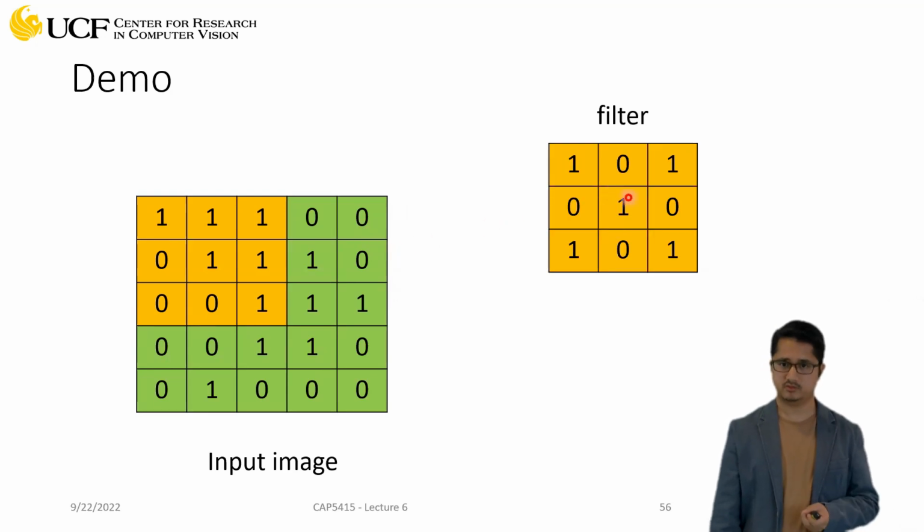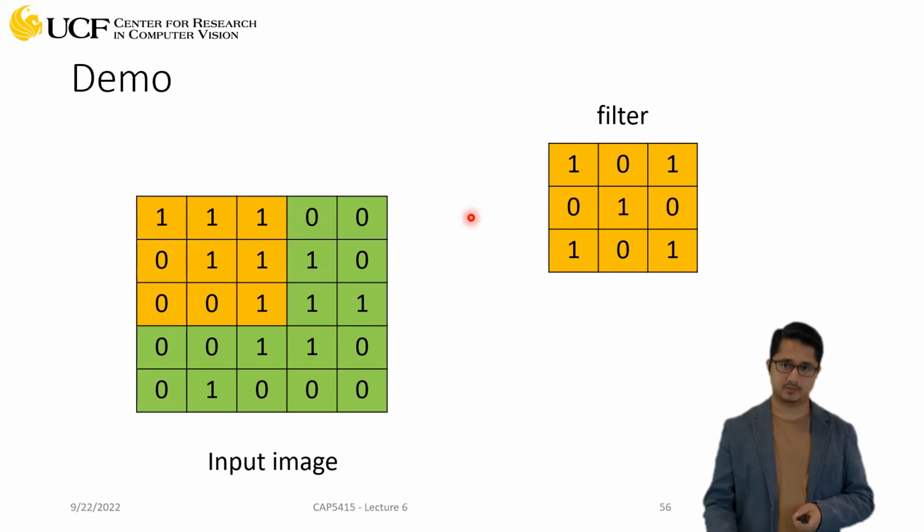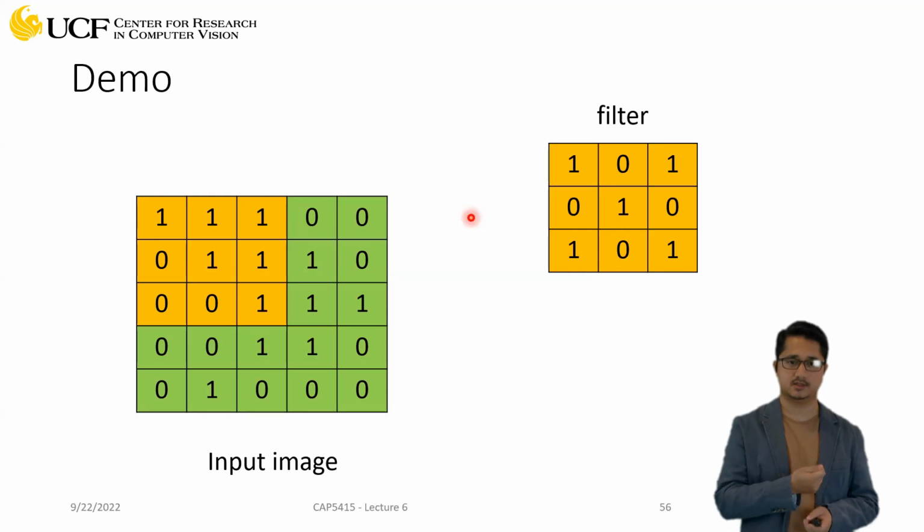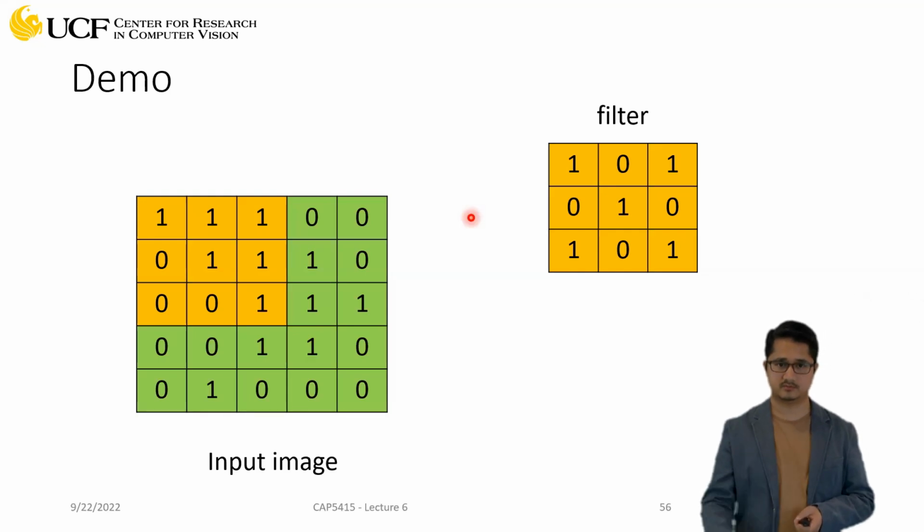If we try to use a filter like this, and visualize what this filter represents, it's simply a cross. Ideally, if you use this filter over this input patch, it will give you an activation map which will represent the locations where you are able to find these crosses in the input image patch. If you carefully analyze this, we don't have any crosses at all.